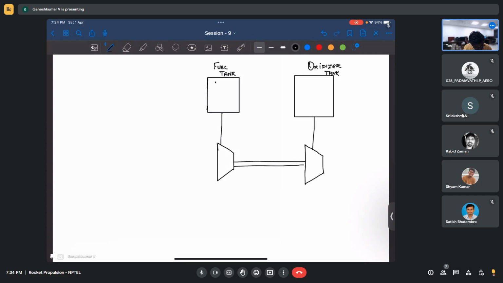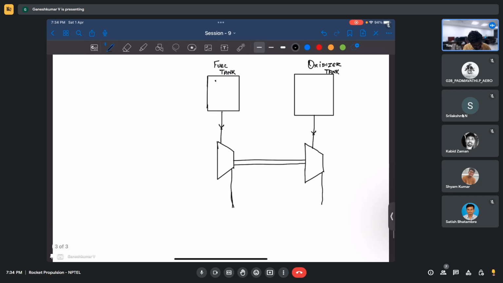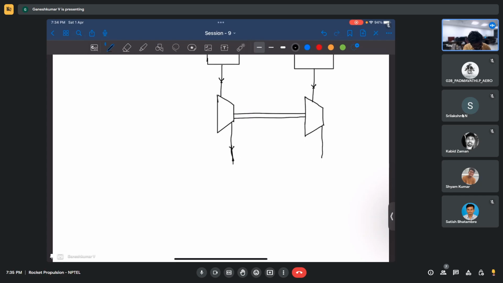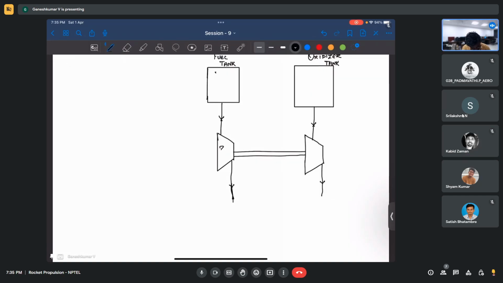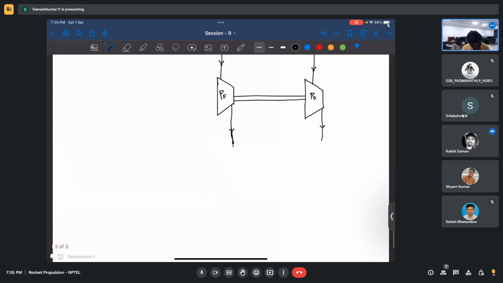You need to give work to the pump in order for it to pump. Then fuel and oxidizer go to the injector, which leads to the combustion chamber.